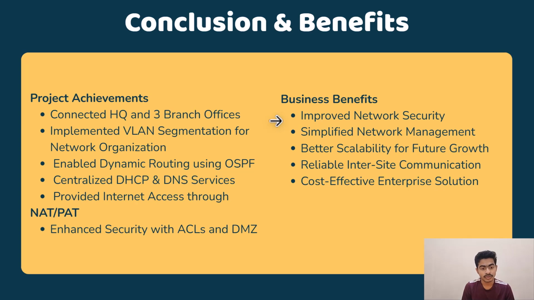Then we also use DHCP and DNS for automatic IP allocation and domain name translation. We also connected our network with the internet. After applying NAT and PAT, we have more enhanced security and a more efficient network structure.